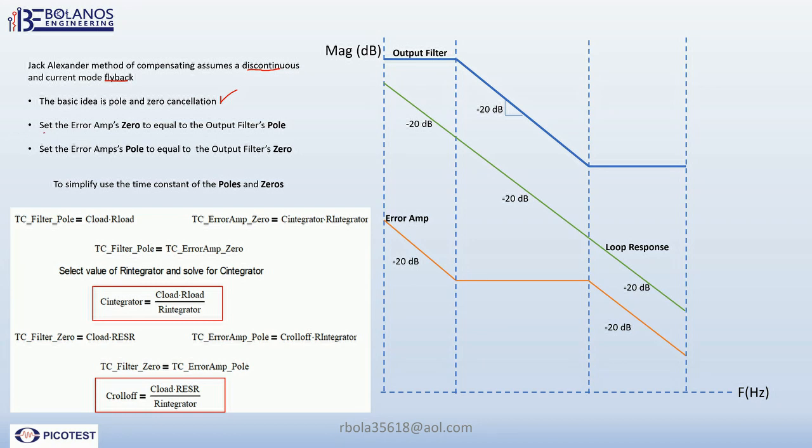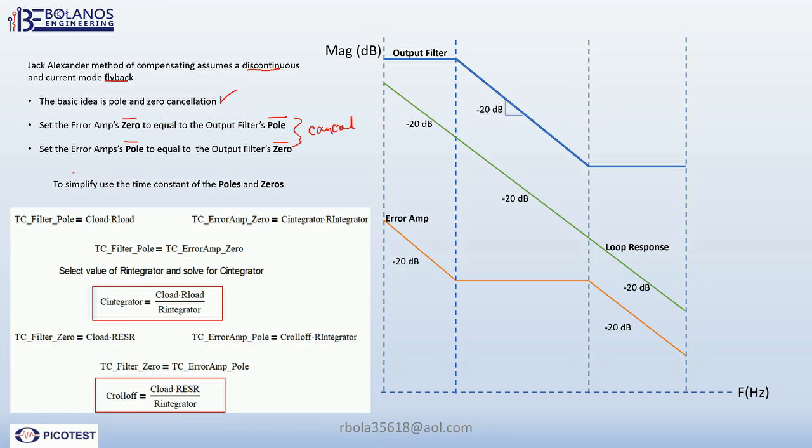We set the error amp's zero equal to the output filter's pole, and the error amp's pole equal to the output filter's zero. The reason we do this is to cancel them. We're going to line them up.